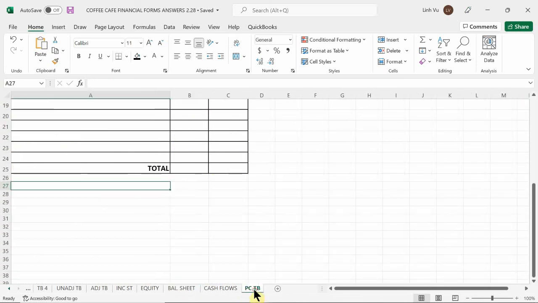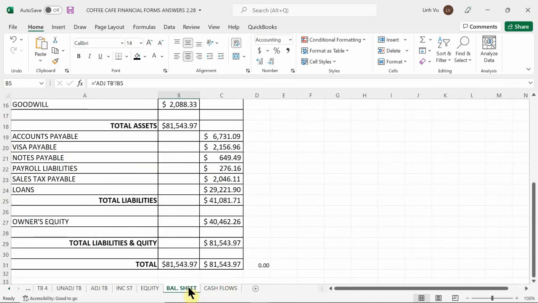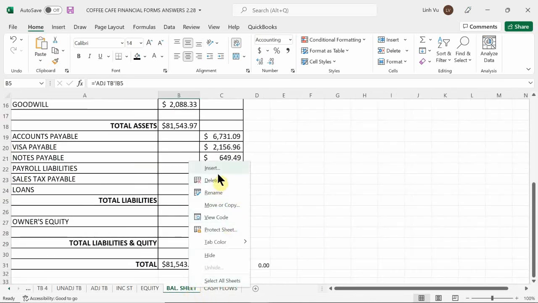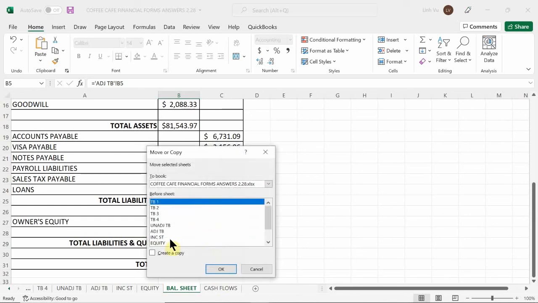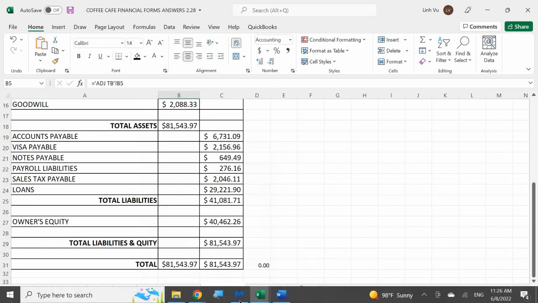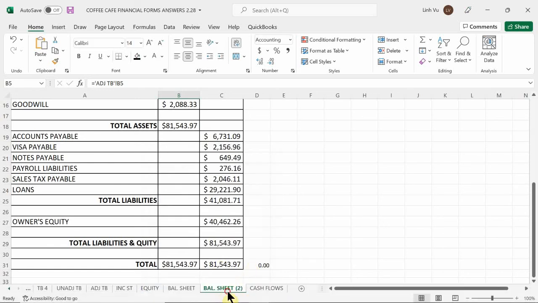All you have to do here, as a shortcut, is delete this post-closing trial balance and simply make a copy of this balance sheet. Since I put it right before cash flows, I'm going to move it over.